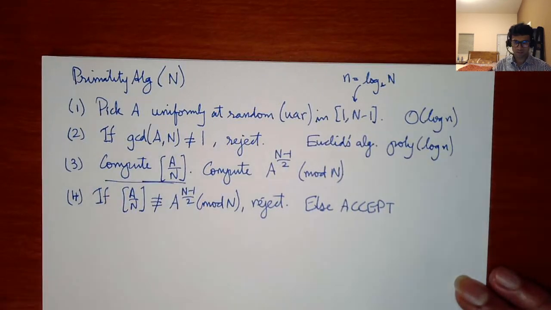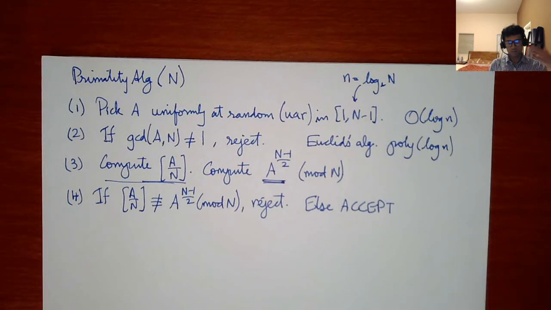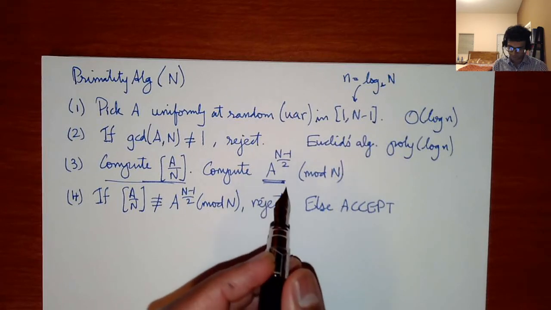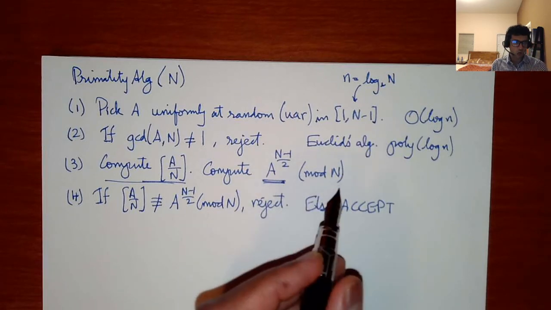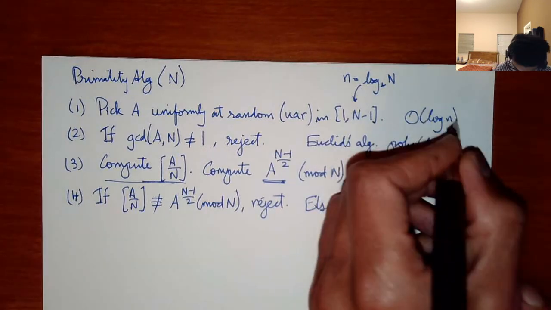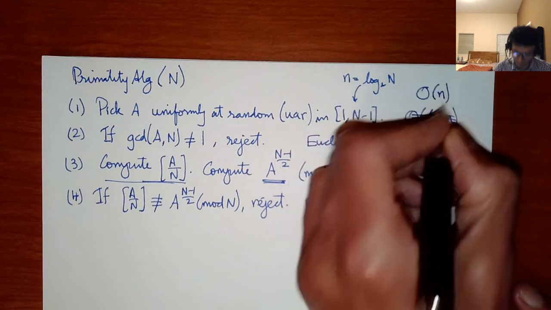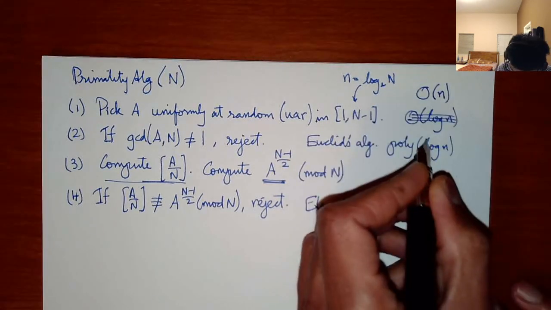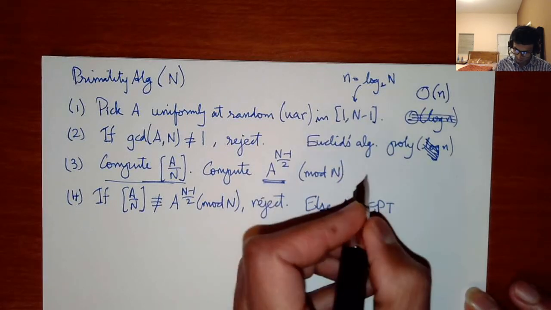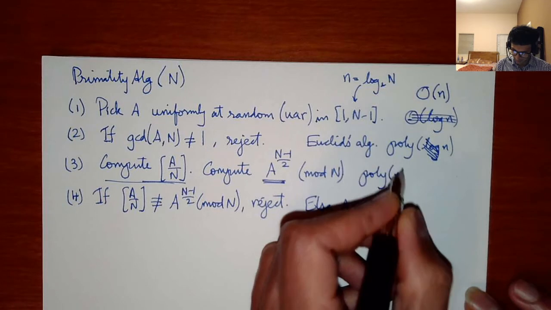As we said, there is an algorithm to compute the Jacobi symbol. To compute this quantity, you have to do some tricks. You have to do some powering, right? You have to basically compute a power of A. But all the numbers are all log n bits. I'm sorry, not log n. My apologies, this is just O of n, right? Sorry, it's polynomial in n. And this can also be done in polynomial time.